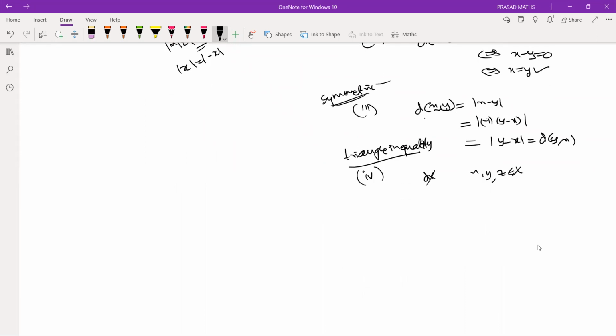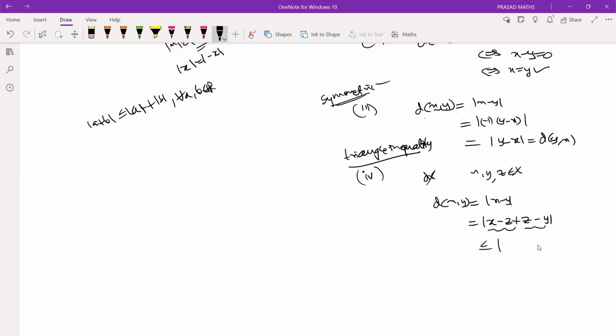So consider the distance between x and y. That is nothing but mod of x minus y. This can be rewritten by adding and subtracting z. You know that by the triangle inequality in basic real analysis, mod of a plus b is always less than or equal to mod a plus mod b. This is true for any two elements in R. So this is my a, this is my b.